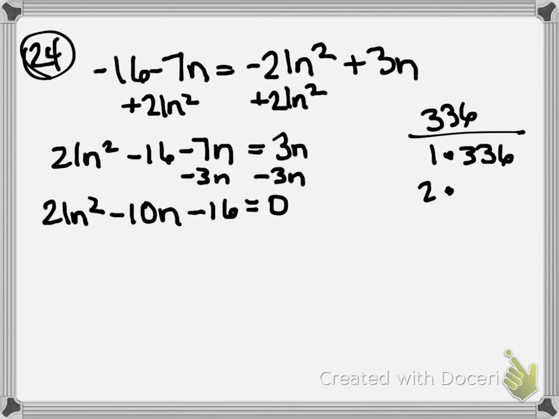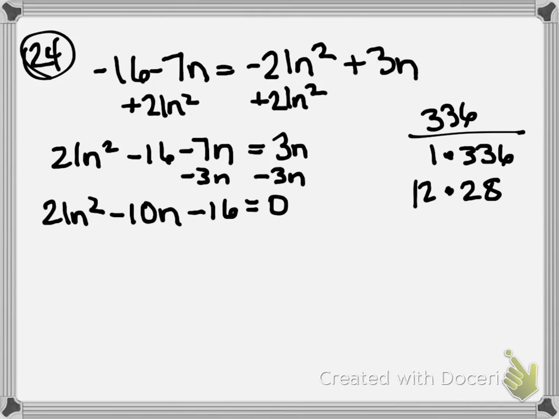So let's say 336 divided by 12. Well, 12 times 28 was just a lucky guess, y'all. I did not know that. 12 times 28 is 336, but now let's look at it.